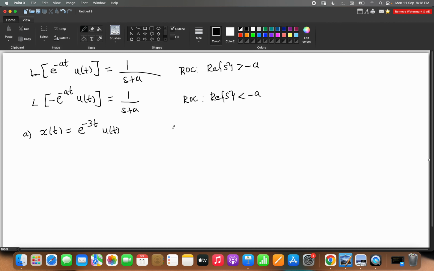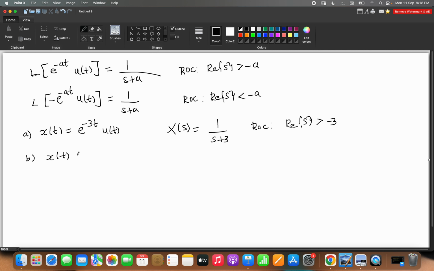Here for this problem, the value of x of s is nothing but 1 by s plus 3. Whenever you are mentioning the Laplace transform, you have to mention the ROC. For this case, ROC is real part of s is greater than minus 3.